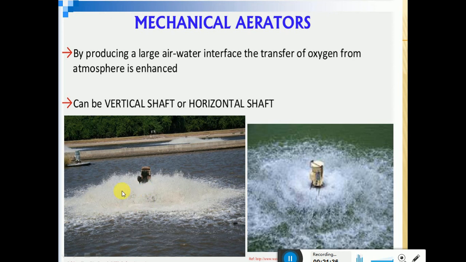This mechanical aerator is rotated at some RPM, and it is fixed with a vertical shaft or horizontal shaft, and because of the action of this mechanical aerator, the water will be mixed with the air.